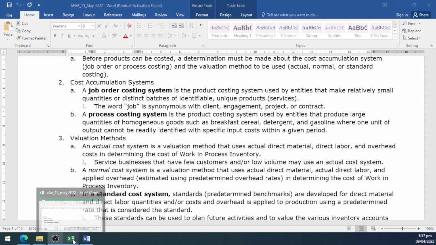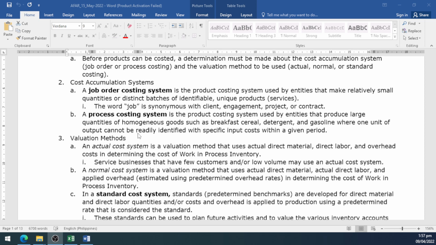Ang pagkakaiba niyan, yung job order costing, ginagamit po yan dun sa costing ng products which are made according to unique specifications. Yung mga products na heterogeneous in nature, na hindi pwedeng pagsama-samahin ang cost, siyempre.